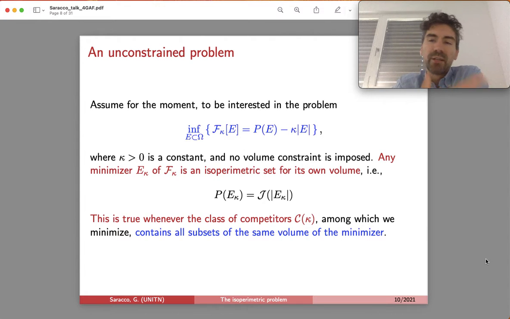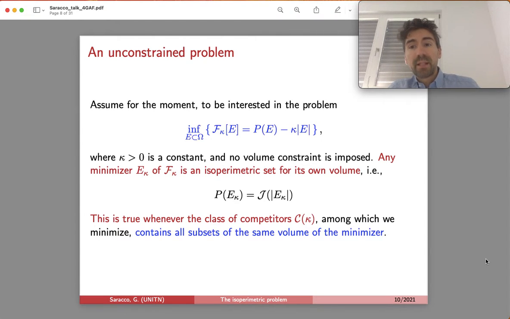Assume that we're trying to minimize this energy, so the perimeter of E minus kappa times the volume of E, among all subsets of omega. Okay, so no constraint at all aside from being a subset of your box omega. Okay, then you can use the same proof as before and you can prove you have minimizers. It's basically the exact same proof.